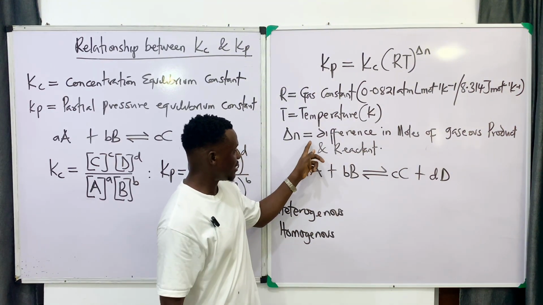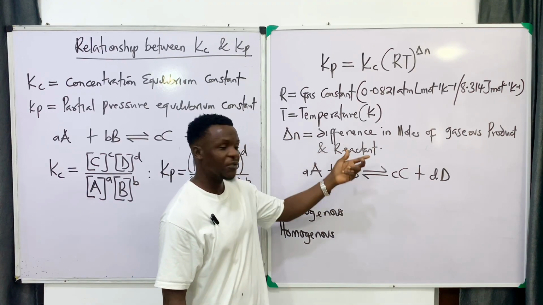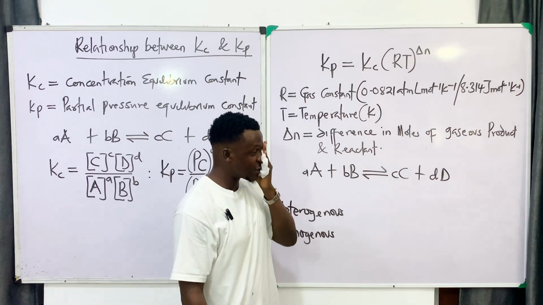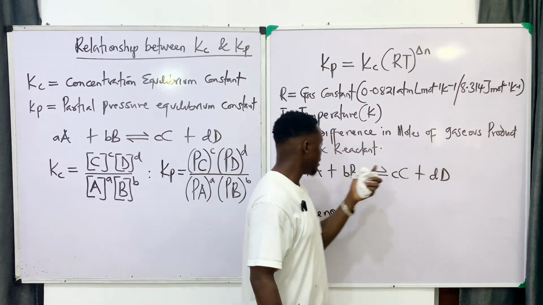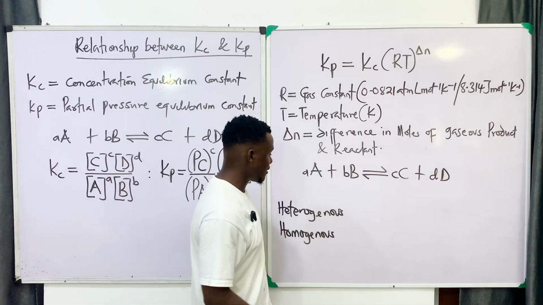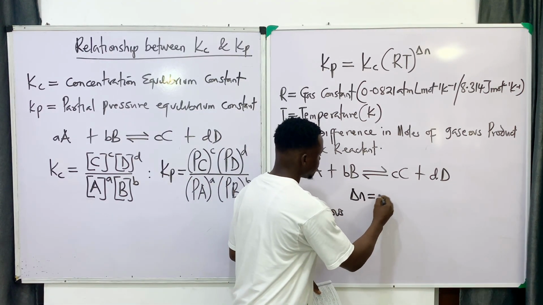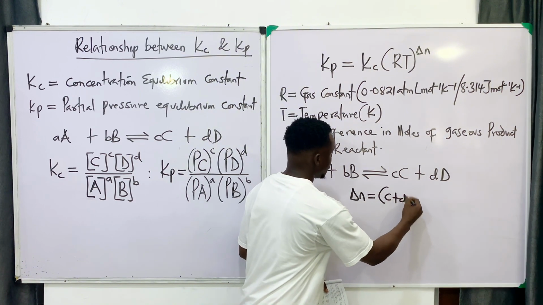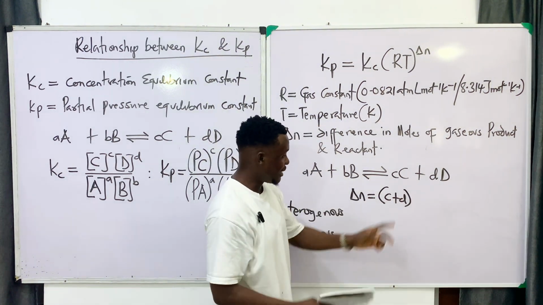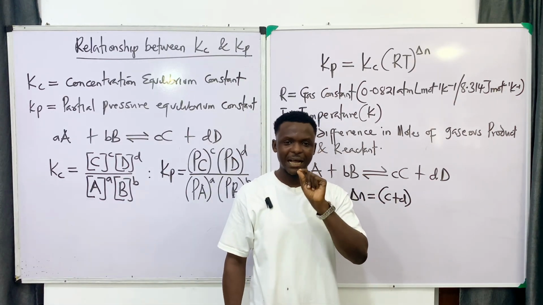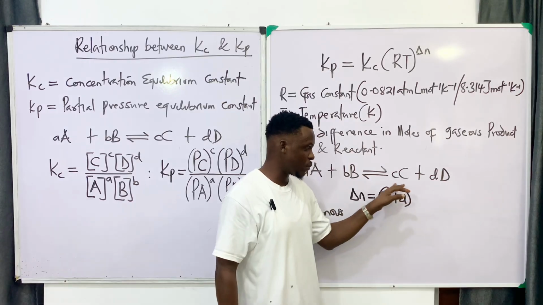Because if you look at this, we said delta n is the difference, that's the product minus the reactant. But we emphasized gaseous product and reactant. So it means that if I want to solve for my delta n, it will be equal to C plus D, provided that this guy is a gas. It's either written as a gas or they will not write it at all.